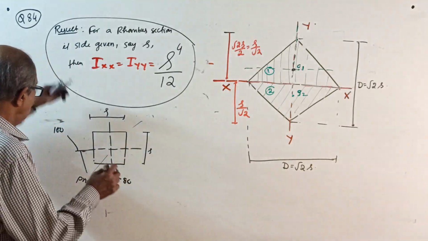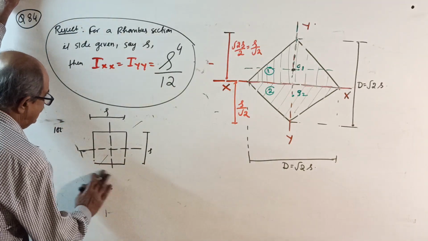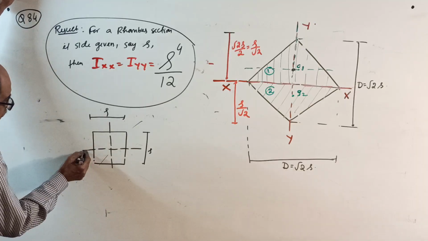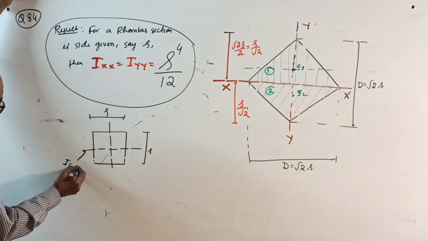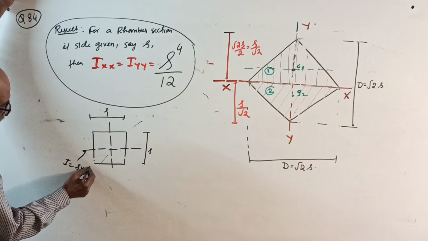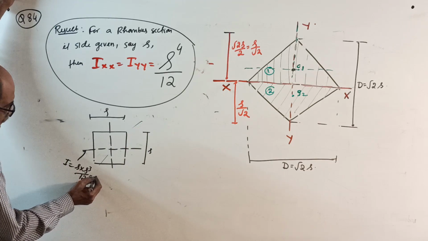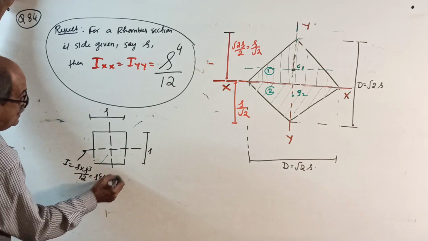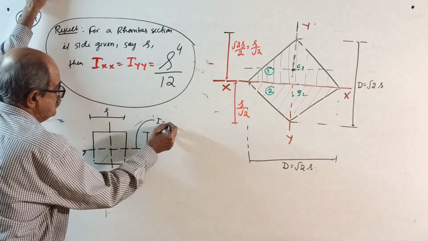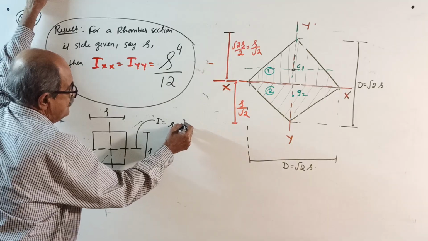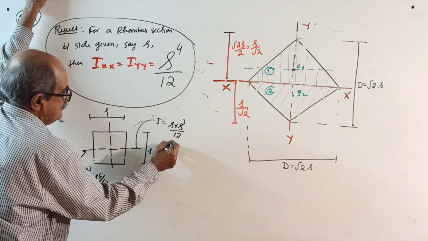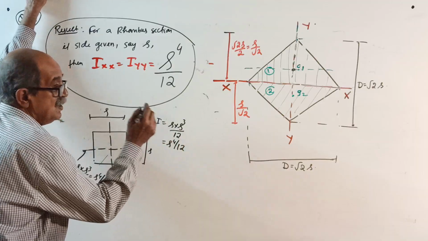Okay, now for a square section, see here, this I, you know it, how much? It is s into s cube by 12, which is s power 4 by 12. I about this axis also is s into s cube by 12, which is s power 4 by 12.